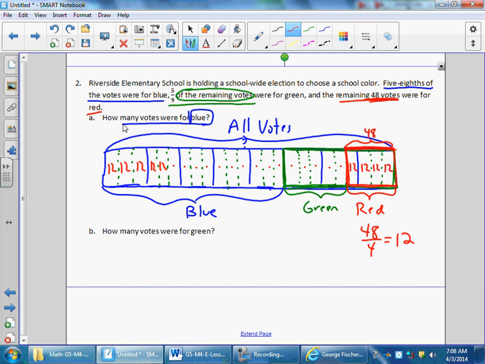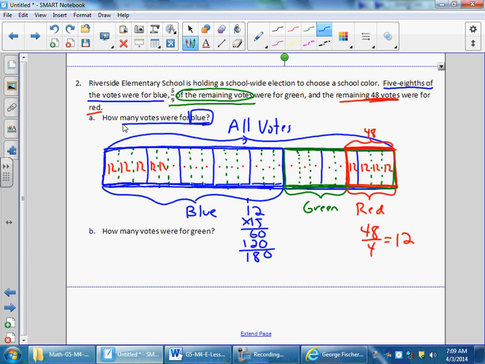So now I go back to the question. I have all my information in my chart. I now go back to the information and the question. How many votes were for blue? Well, here's my blue. And I know that I have 12. How many times? 1, 2, 3, 4, 5, 6, 7, 8, 9, 10, 11, 12, 13, 14, 15. 12 times 15 is 180.